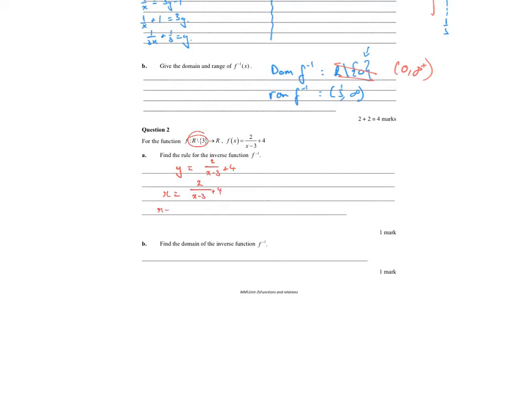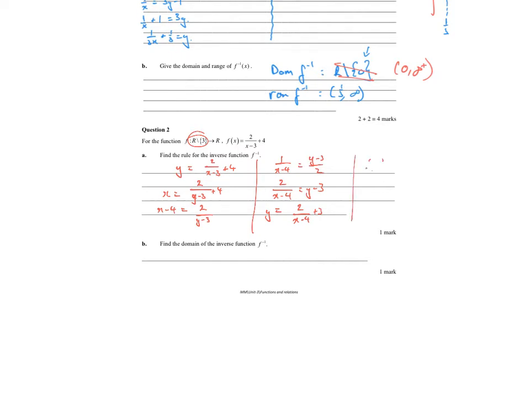Subtract 4, I get x minus 4 is equal to 2 over, should be a y there, shouldn't it? y minus 3. So let's flip both sides. I'll get 1 over x minus 4 is equal to y minus 3 over 2. Multiply the 2 across.